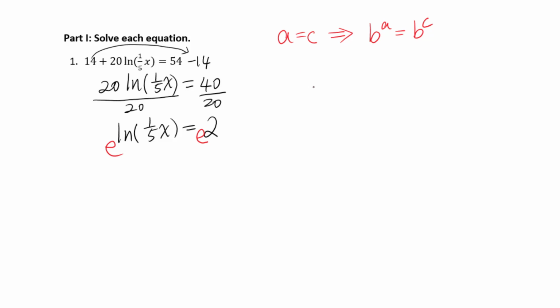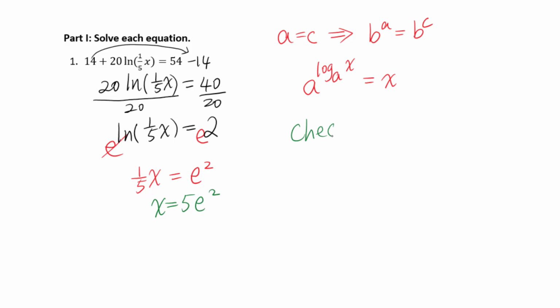We know this is the formula we call the inverse property of log: a to the log base a of x power equals x. Therefore, we will get 1 over 5x equals e to the 2nd power. Then multiply by 5 on both sides, x equals 5e squared.